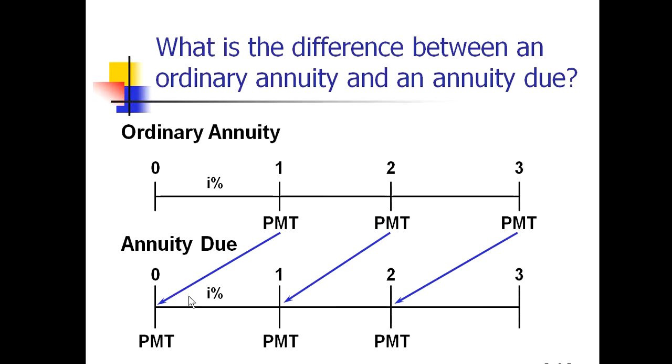While for the annuity due, the payment was made today, which is the beginning of each period, and the second payment was made at the beginning of the second year or the end of the first year, and here the payment was done at the end of the second year or the beginning of the third year.